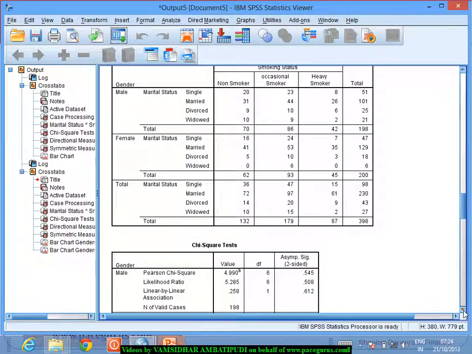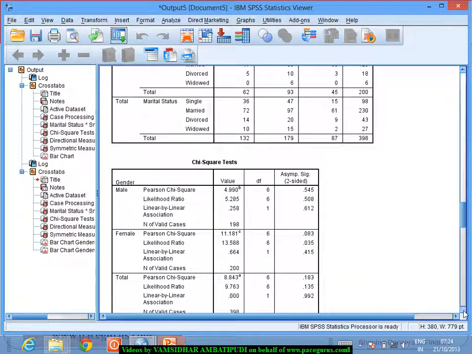Alright. Now you see the chi-square test is computed separately for males and females, and even in this case what we are clearly seeing is the significance level is 0.4545, greater than 0.05. Even for females it is 0.08, which means greater than 0.05.